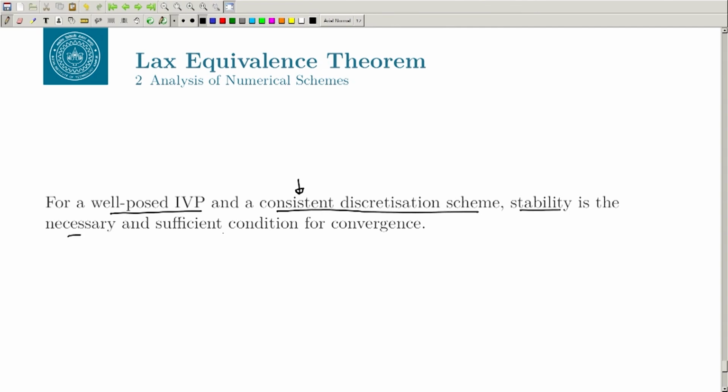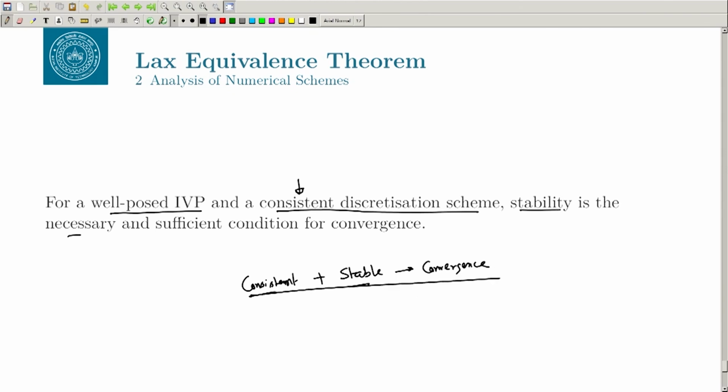That means, for a well posed initial value problem, if your scheme is consistent and if it is stable, stable in the sense that we have derived, that the difference between the numerical solution and the exact solution of your numerical scheme remains bounded, it does not go unbounded, then these two are the necessary and sufficient condition for convergence.